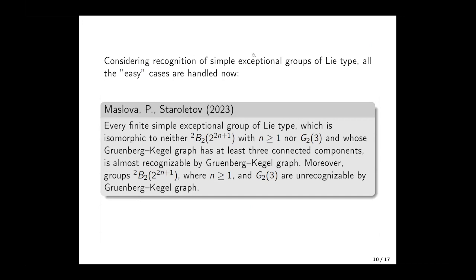And I see that Natalia wants to add something. Oh, Natasha, please, your question. I'd like to make a small comment here. For example, if you consider the case where you prove the almost recognizability of E_n(q) by Gruenberg Kegel graph, then we really have proved that our group E_n(q) is isomorphic to some E_n(u) for some u, but we do not know all the possibilities for u.